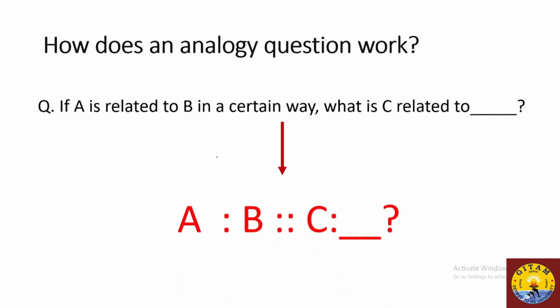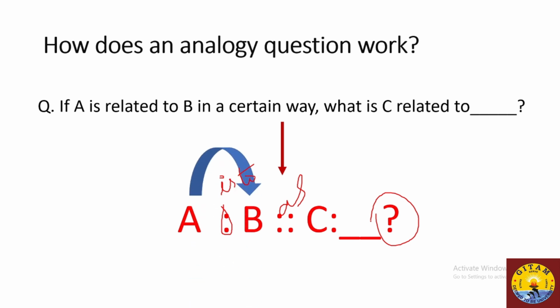If A is to B as C is to what? This is how the question looks in your exam, in SAT exams. Now let's move on. If A is to B as C is to what?